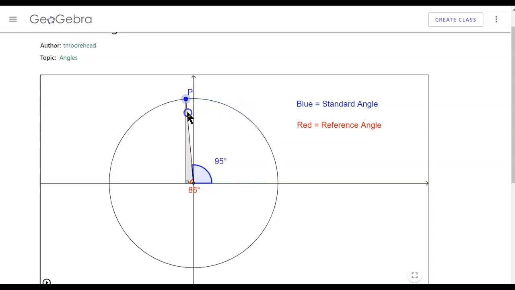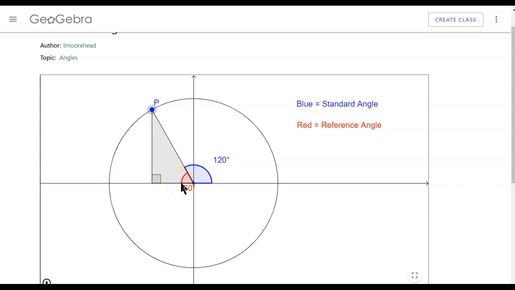But when I go over here, let's say to 120 degrees, this is what we were talking about. The blue angle is what we're actually measuring, right? It goes from the positive x-axis to the hypotenuse of the triangle. But the reference angle is the little angle in red that goes from the terminal side of the angle to the x-axis.